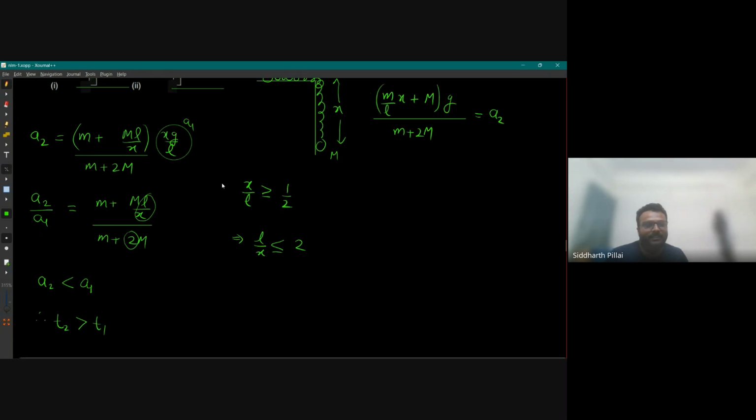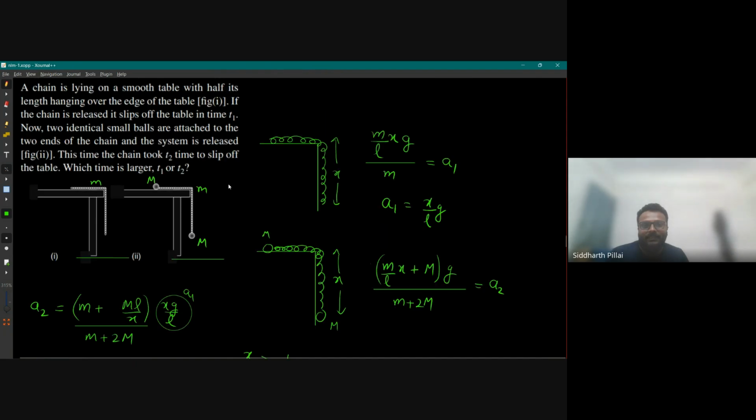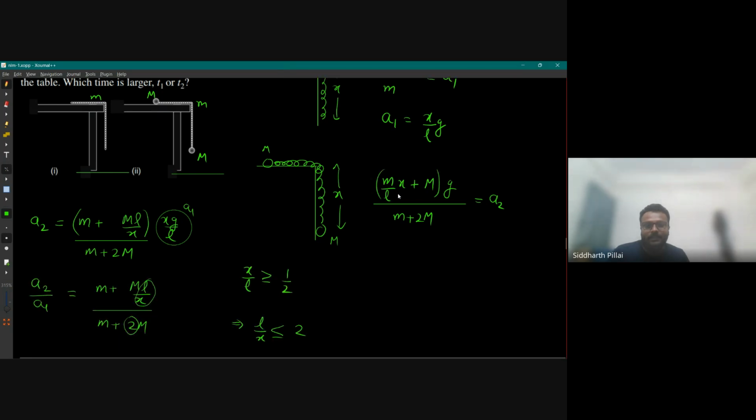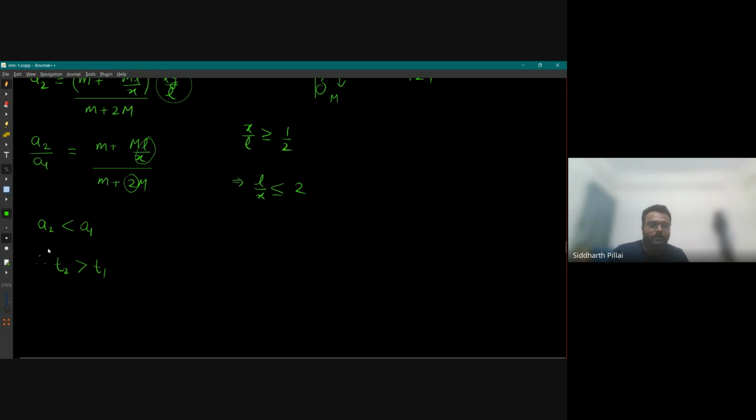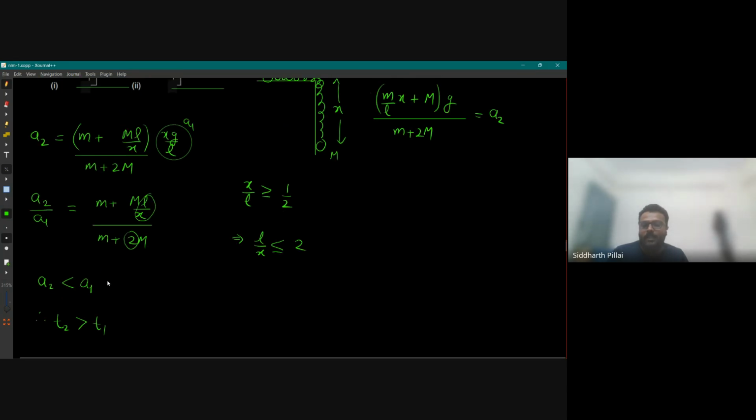Is this clear? Please ask doubts if you have any. I have written these accelerations as a function of the length of the part that is hanging. When we compare the two accelerations as a function of x, we see that acceleration 2 is less than acceleration 1.